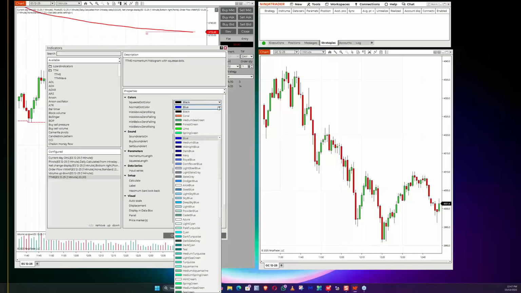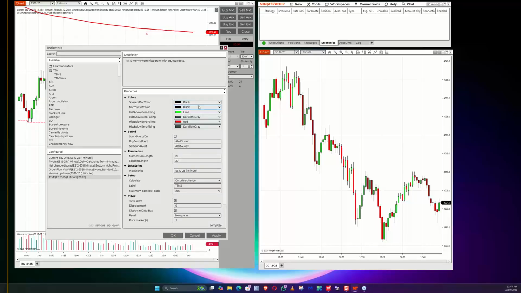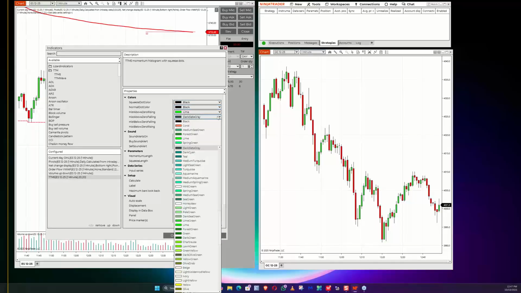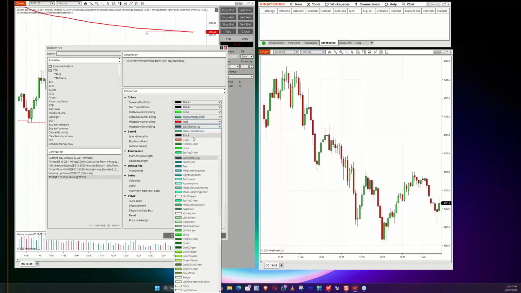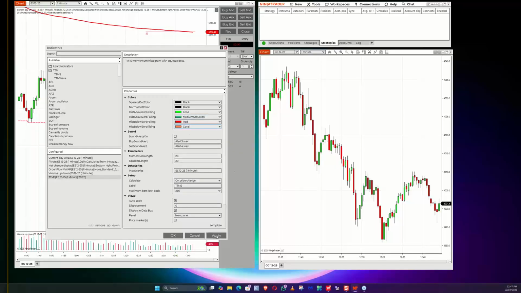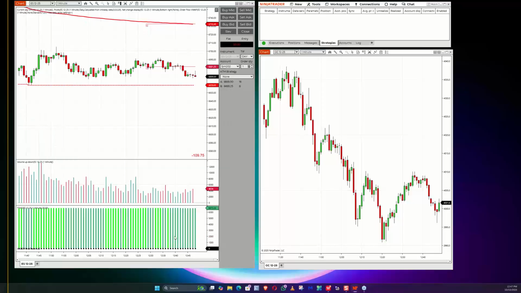If you set your colors properly on the squeeze, you get very simple momentum trade capability. I set up red and coral on my falling histogram below zero, lime and medium green on my rising above zero. And I just apply it and okay it.